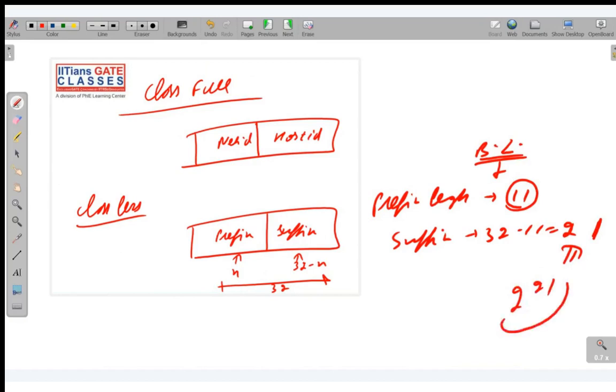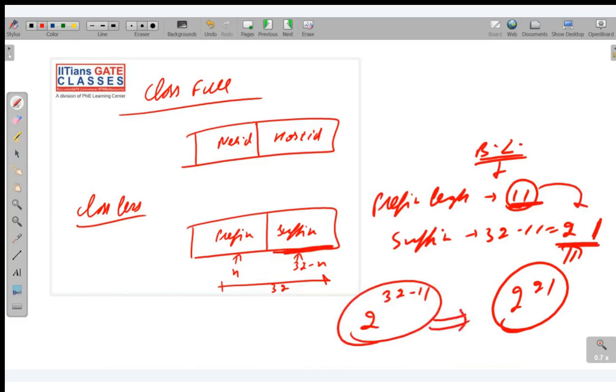If they say prefix length is 11, how many IP addresses are in that block? You will have 21 bits for the suffix, so 2 power 21. You should say it properly: 2 power 32 minus 11 IP addresses, that is 2 power 21.